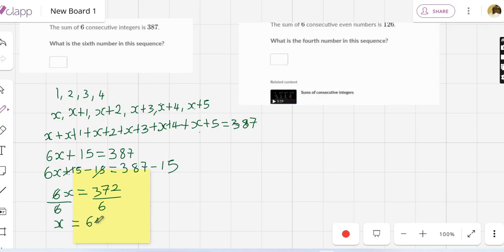That is the value of x, 62. So the first number is 62. And some students will say, oh, let's stop there. No, that's not where you're supposed to stop. The question now says this x that we found here is just the value of the first integer. But the question now says you find the sixth integer.